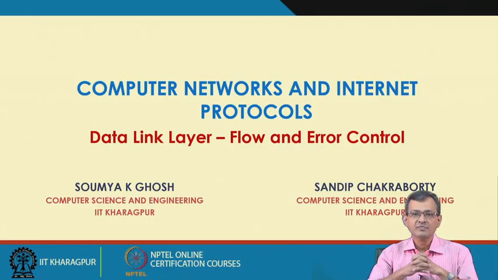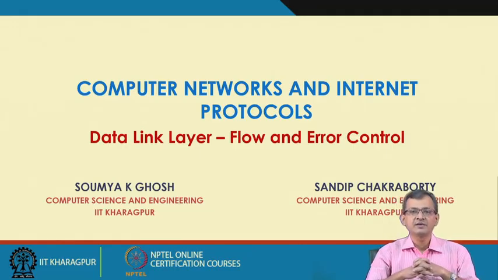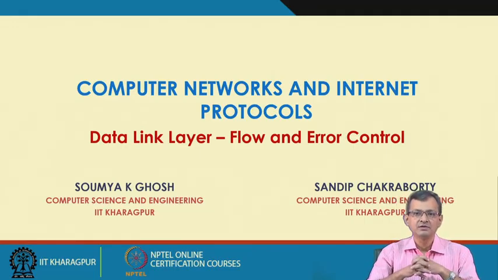We will take an overall overview of flow and error control, and again, the overall mechanism is conceptually similar to what we have seen in the transport layer, but here we are doing it at the data link layer.